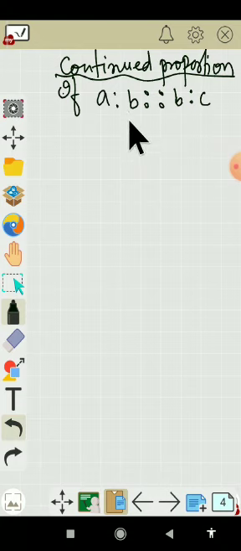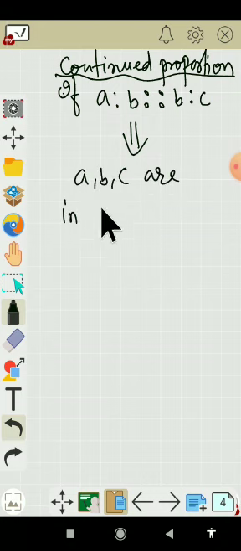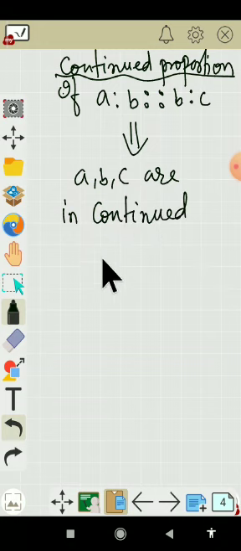So if this happens, then we can say that A, B, C are in continued proportion.